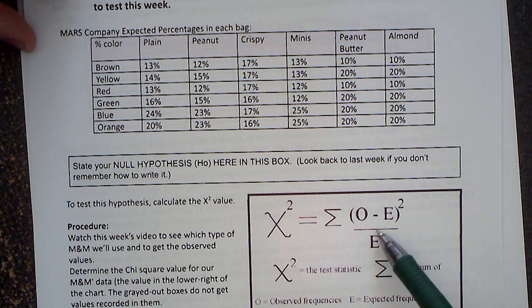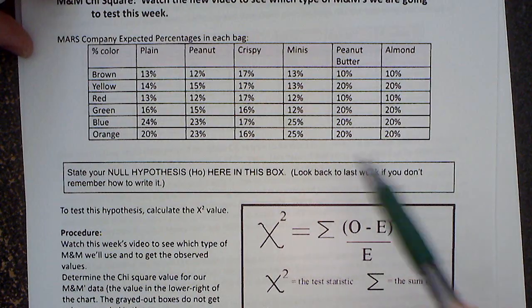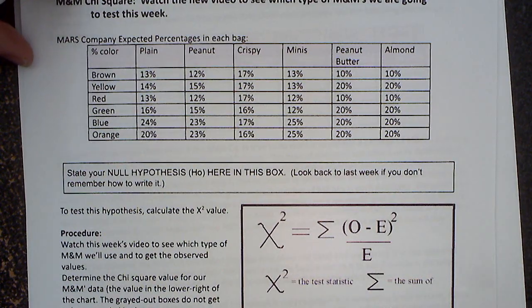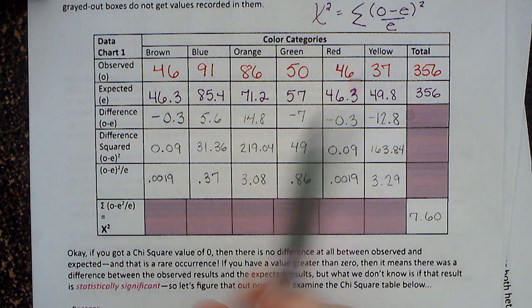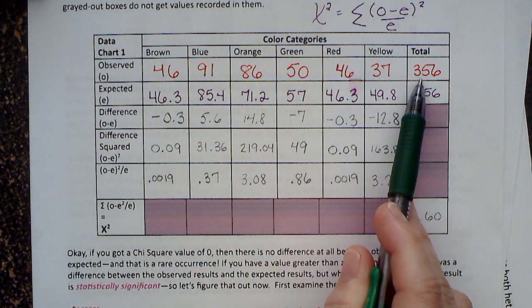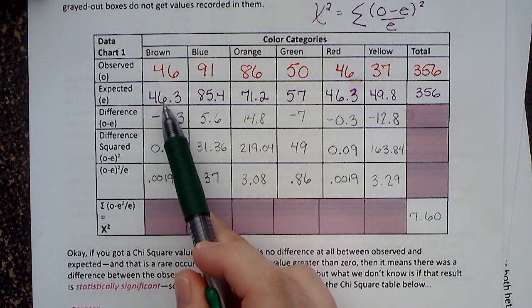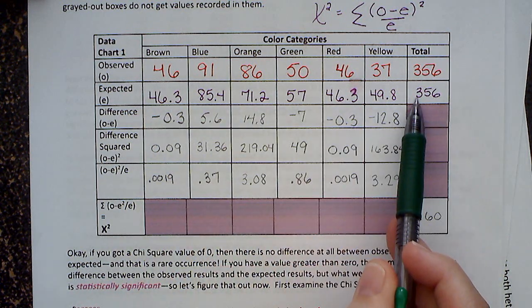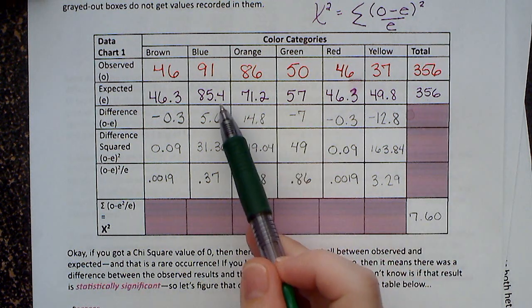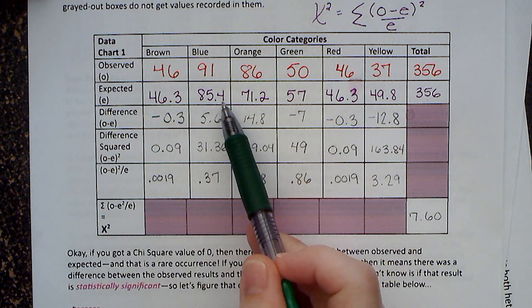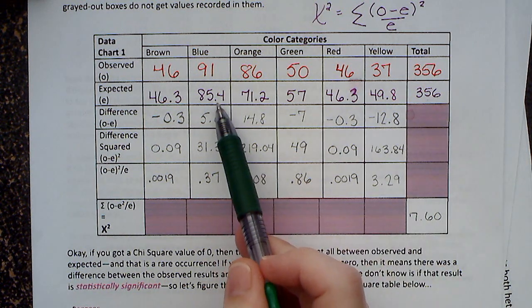And then to get our expected values, we still need to do it out of 356. So here is what the data should look like. Our observed data up here out of 356, and then the expected data, taking the total of 356 times each of those percentages. For instance, the blue was 24%, so 24% times 356 should have given you about that number.